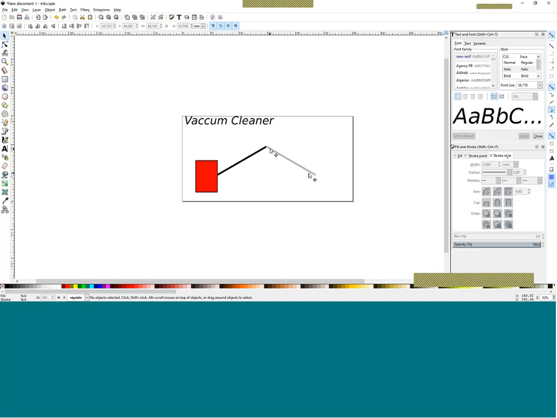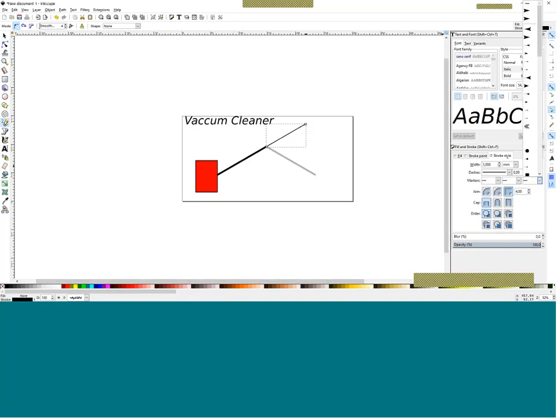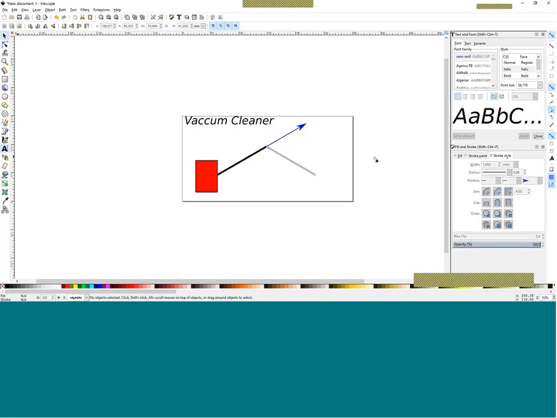So this is the cleaning. First, and fourth to that.